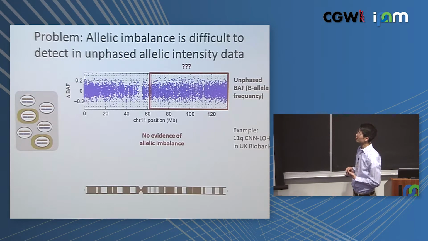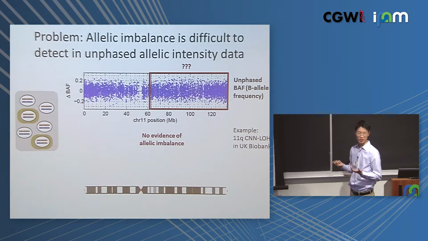The challenge, though, is that, going back to the beginning of the talk, we basically never know which alleles are maternal and which alleles are paternal. All we get is this unphased data in which we can measure the amount of allelic intensity at any given SNP, but the readout that we get is something called a B allele frequency, or BAF.